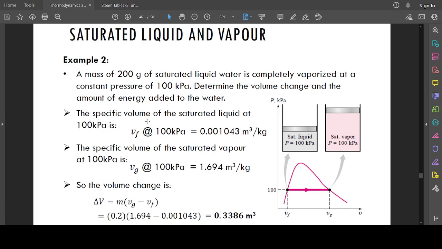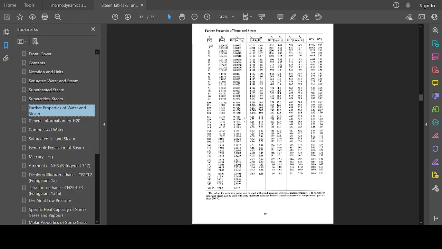So if we know the specific volume of the liquid water, because we have the constant pressure of 100 kilopascal, we convert this pressure to bar to find the corresponding specific volume of the fluid. So we go to the steam table, where we have the pressure in bar.